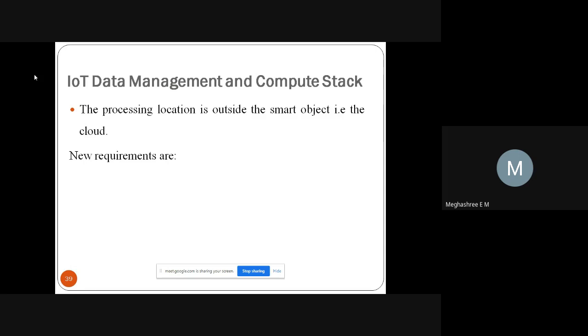The architecture is presented as two parallel stacks. One is the IoT data management and compute stack, and the other parallel part is the core IoT functional stack, right?